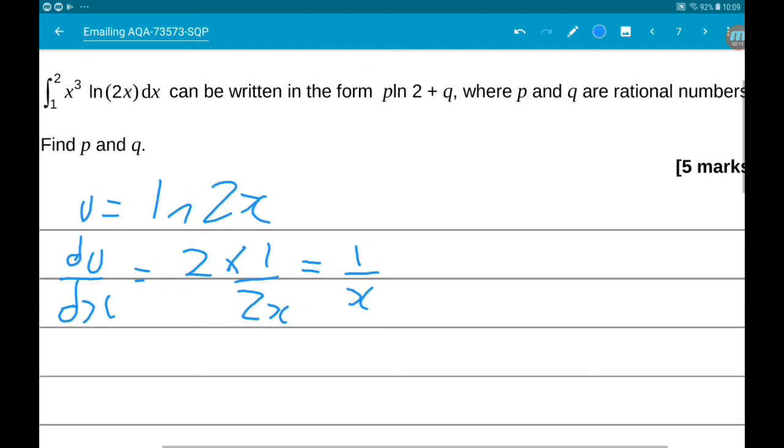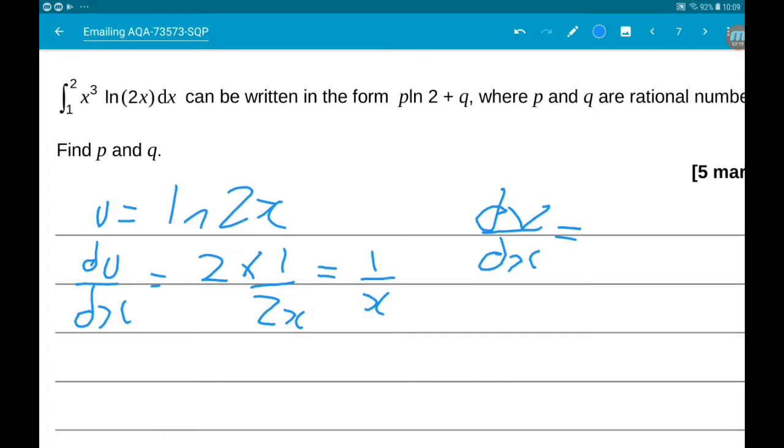So that means dv by dx is equal to x cubed. Therefore, v is equal to x to the 4 over 4.